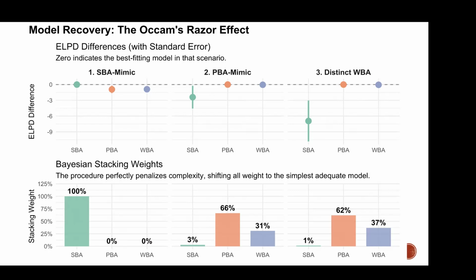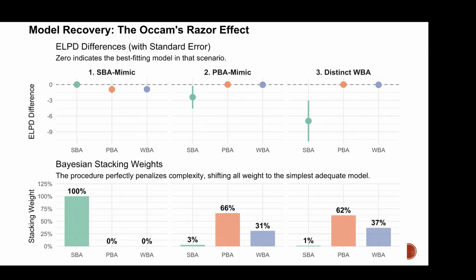Were there other points there? Okay. Why, in this second scenario, are the PBA and WBA sort of competing? Yes, Cassian? I'm not sure, but I think it could be because they can both explain the data. In this case, the simple Bayesian agent is out because it cannot explain the data.